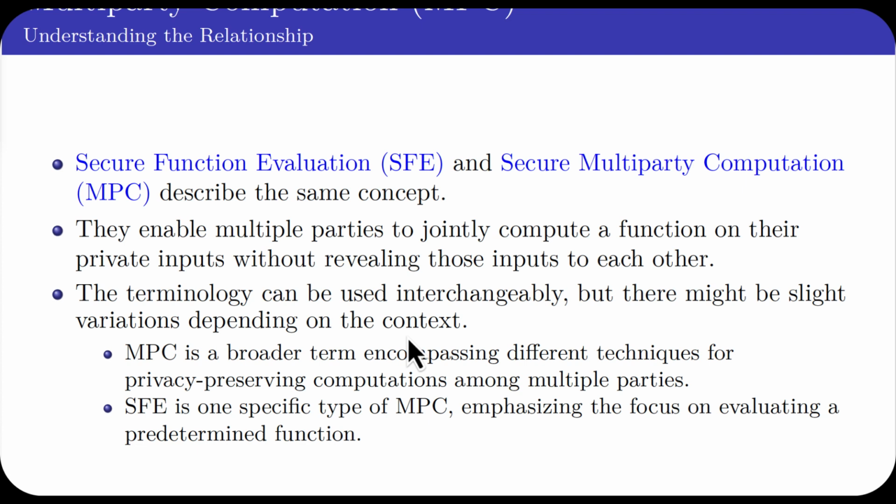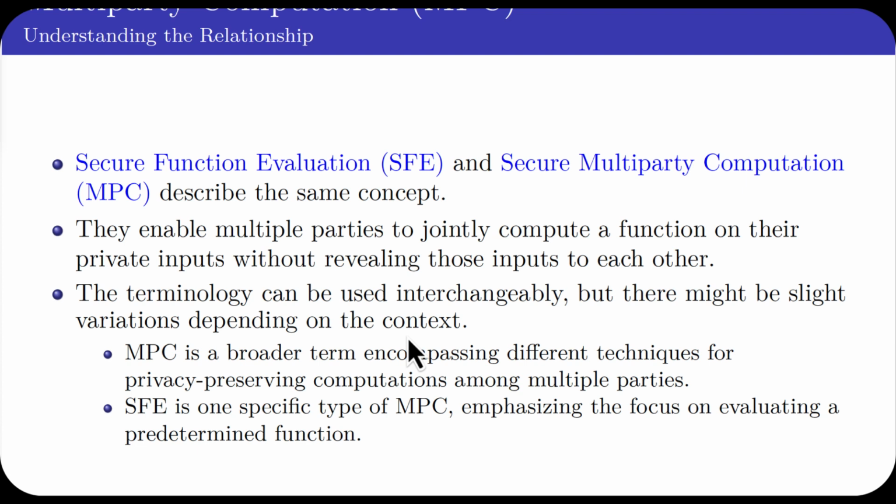Both of them try to achieve the same goal from a high level: enable multiple parties, multiple users, or many people, who want to jointly compute a function, whatever the function is, based on their input. We emphasize the input should be private, without revealing those inputs to each other. The terminology can be used interchangeably. But there is actually a difference between secure function evaluation and secure multi-party computation.